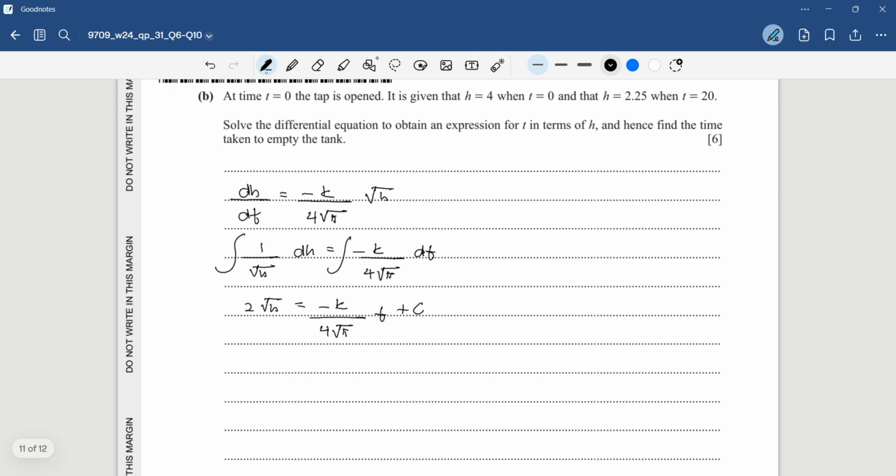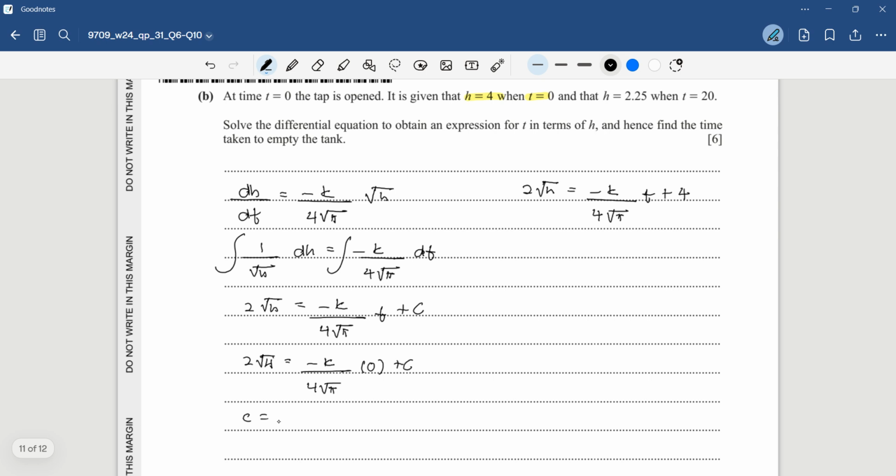It's given when t equal to 0, h equal to 4, so we just sub in: 2√4 equal to negative k over 4√π times 0 plus c, so c equal to 4. Therefore, 2√h equivalent to negative k over 4√π t plus 4.